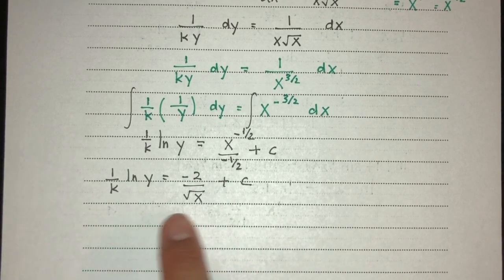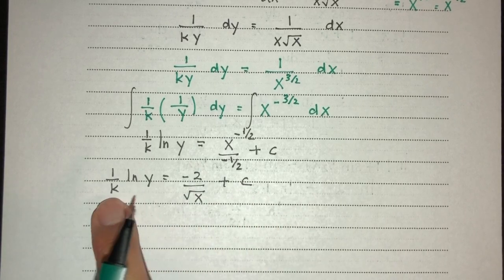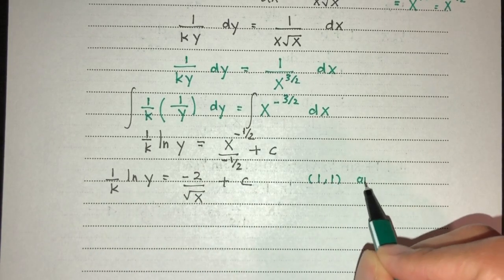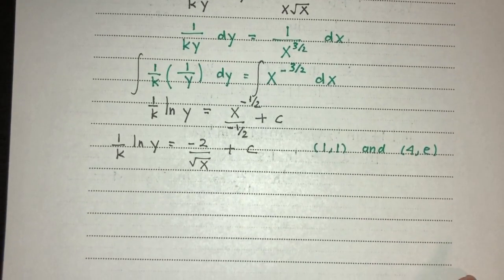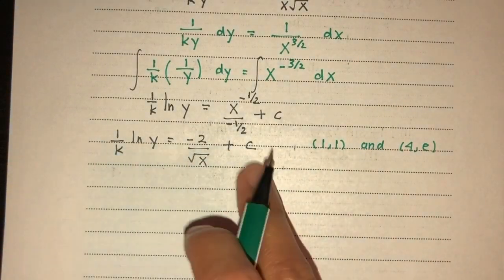Now for now, this is the equation of the curve. We have to find the values of c and k using those 2 points. 1, 1 and 4, e have been given to you. So let's replace those 2 values in the curve equation and find those 2 values.